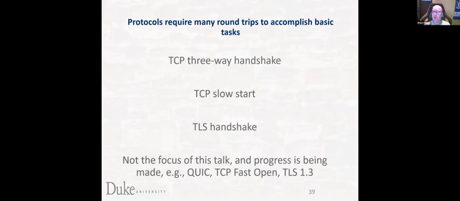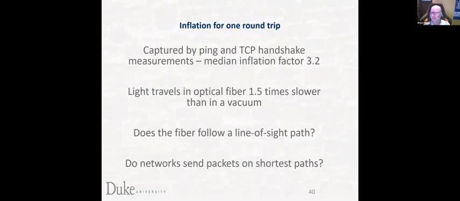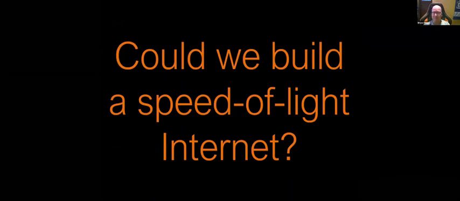And also there are new protocols meant to replace TCP, like QUIC, that also aim to reduce the number of round trips. So I mentioned that there's this inflation factor of 3.2 for one round trip. This means this factor of 35 comes up because basically we had the factor of 3.2 and it took 11 round trips in order to deliver 20 kilobytes.